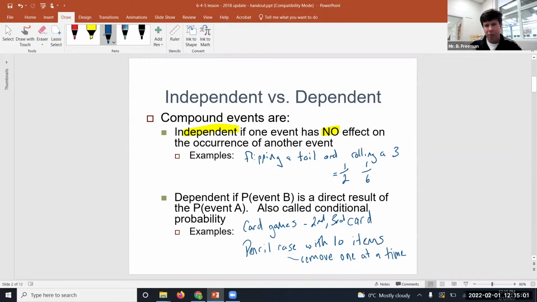And then I'm going to come back to whether we're adding or multiplying this. The key is that we're using that word and, so that leads us to multiplying, but let's take a quick look at why that's actually the case. If I draw this out in a tree diagram, my first option was to look at heads or tails. And then from there, I have 6 different rolls on a single die that are possible.